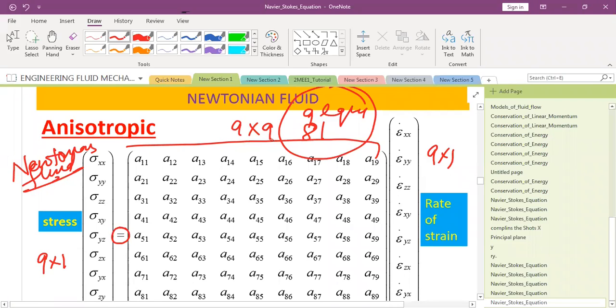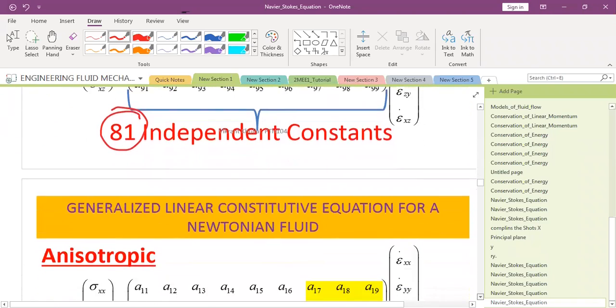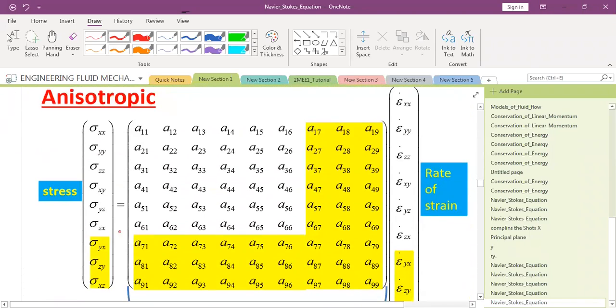So what we need to do is convert it into a more solvable type of equation. From the complementary shear stress property, sigma xy is equal to sigma yx, sigma yz is equal to sigma zy, and sigma zx is equal to sigma xz. So whatever is highlighted in yellow can be done away with.